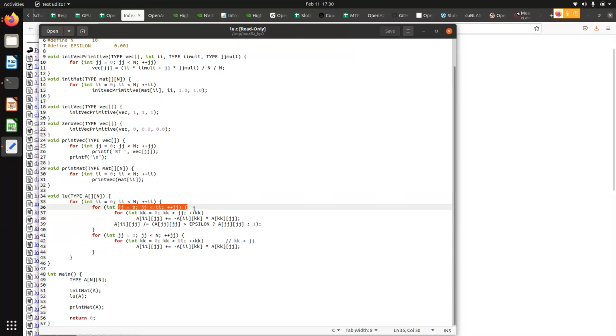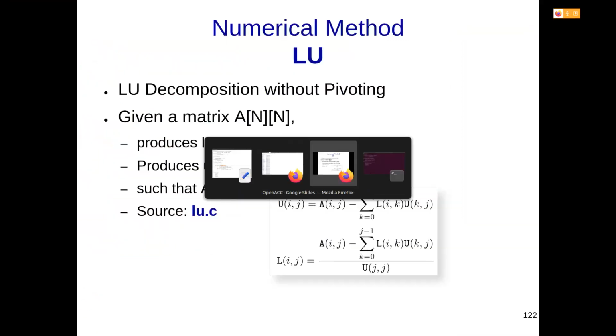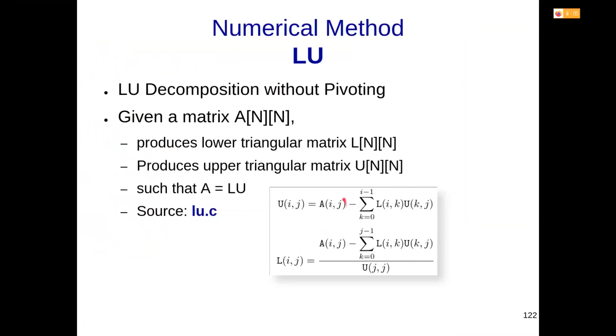The first one is going from, depending upon, I'll just go back to the slide. So here, since U of ij needs to go from k equal to 0 to i minus 1, the inner loop is going to be dependent on the previous loop, right?